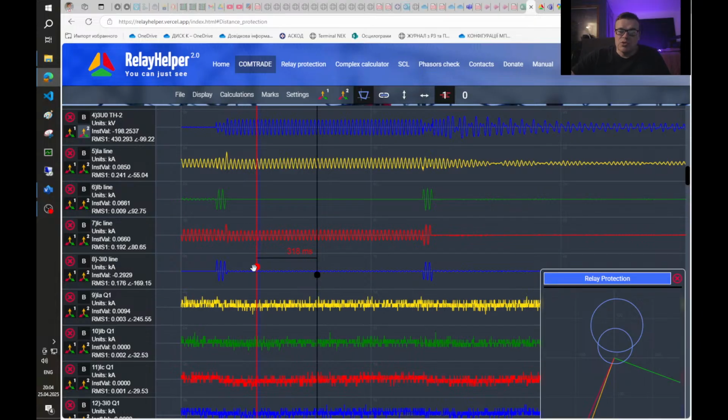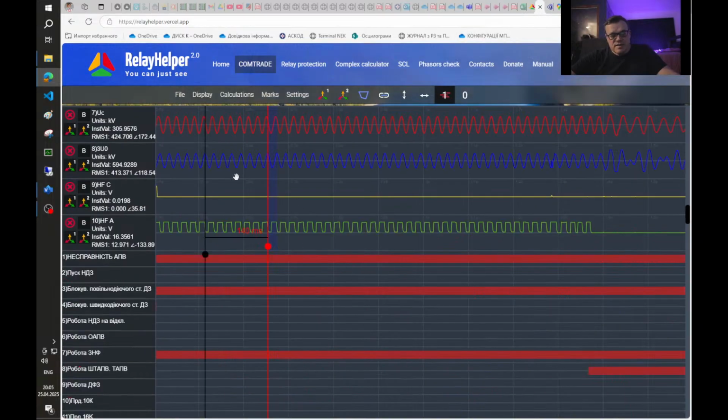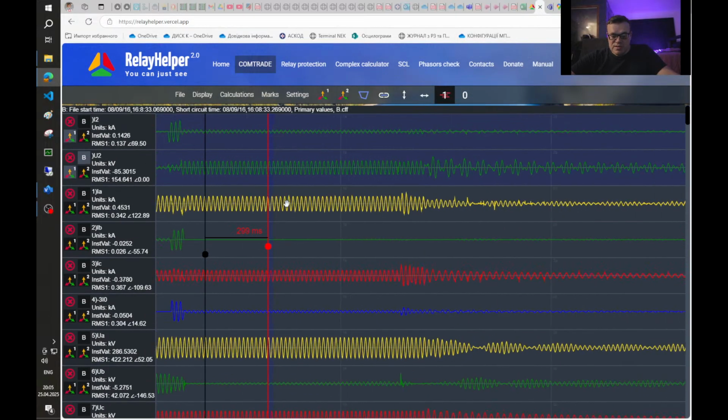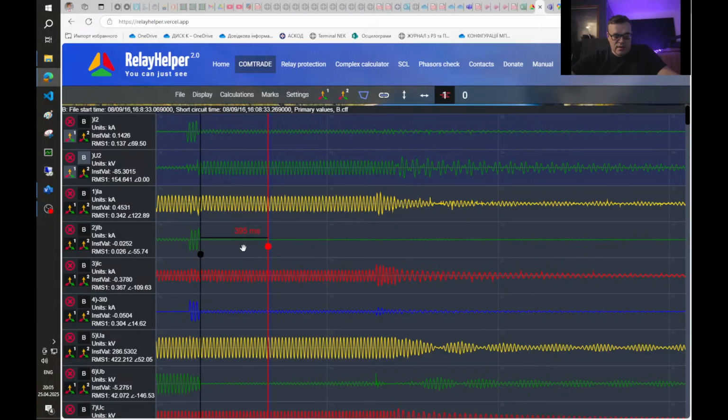We don't need to block any protection that has time settings bigger than the IR cycle from both ends, because from the substation A side in this case we have a 1 second pause, but from the substation B side this pause is bigger, like 1 second and a half.